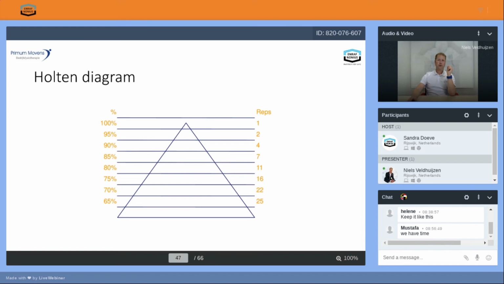For example, if you can do 1 repetition, like we said in the 1 repetition maximum determination, you reach your 100%. But you also probably understand that this is a high risk because you use a lot of weight, a lot of resistance. So it's quite difficult in a patient situation to use the 1 repetition maximum protocol.